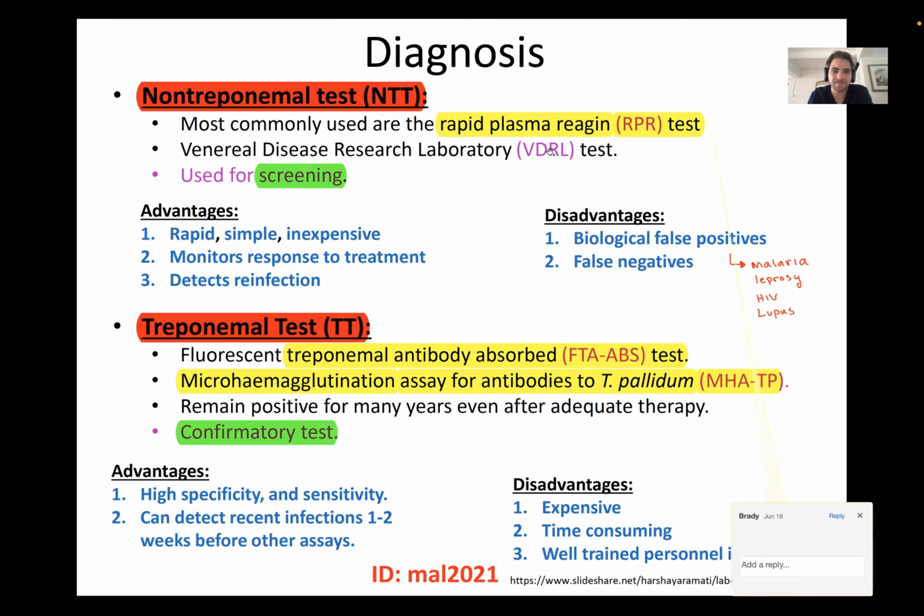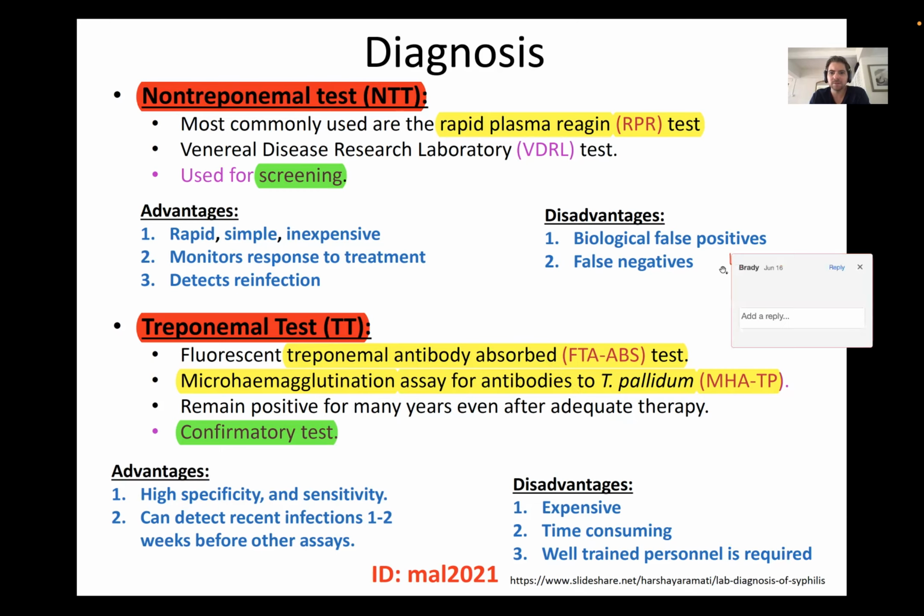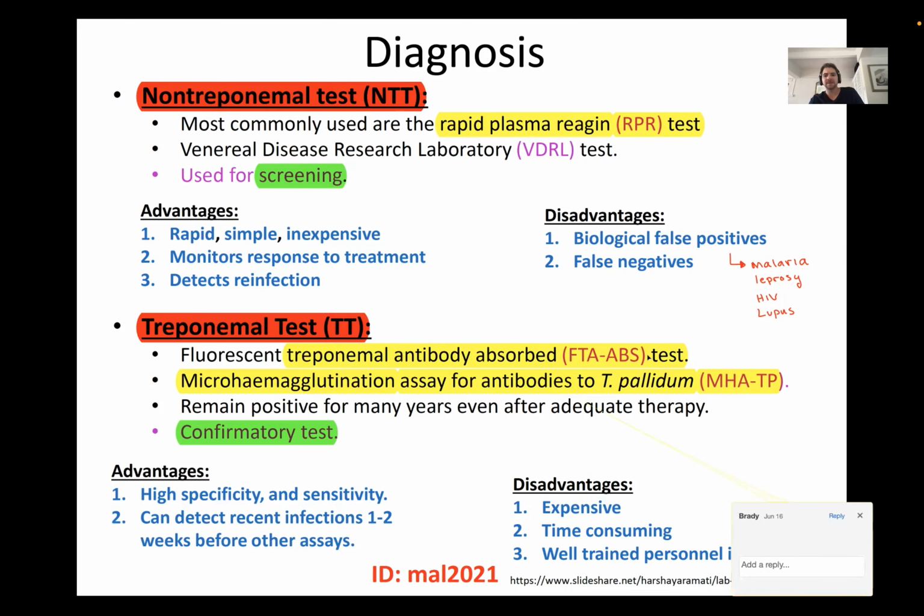The VDRL test is the screening test, either the RPR or the VDRL, but it's a screening test. Then you go on, because there can be some false positives or false negatives, to make it a confirmatory test, you do the treponemal test.